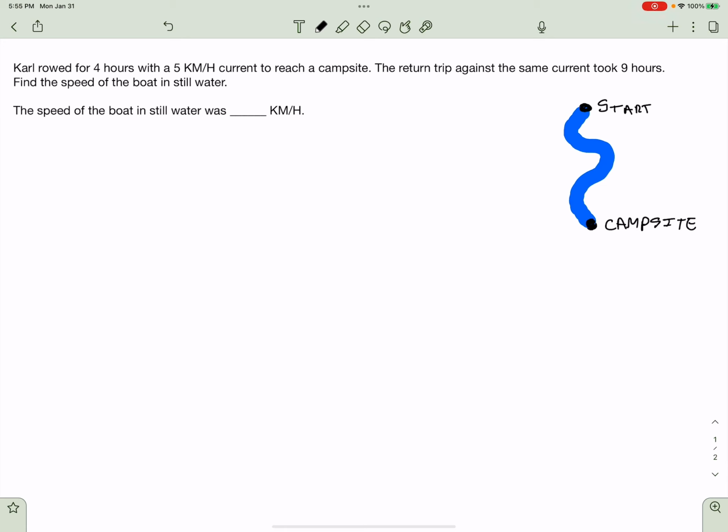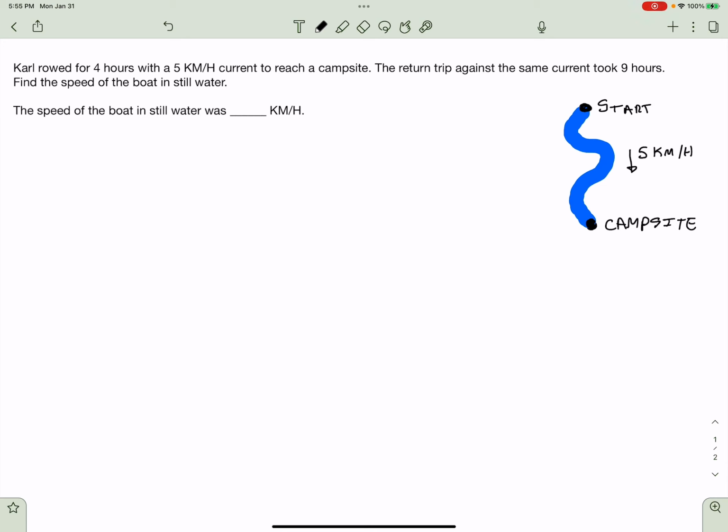So, what do we know about rivers? Well, rivers flow in one direction. So if I'm starting up here at the north, and I'm headed down south towards the campsite, I know that my 5 kilometer per hour current is a positive number, because I'm traveling this way with the current to the campsite.